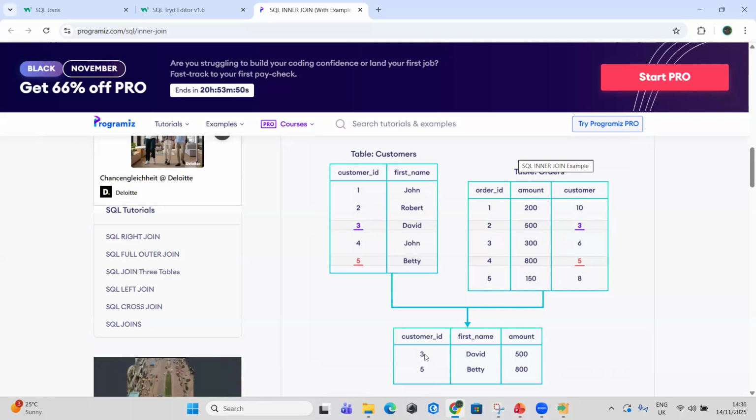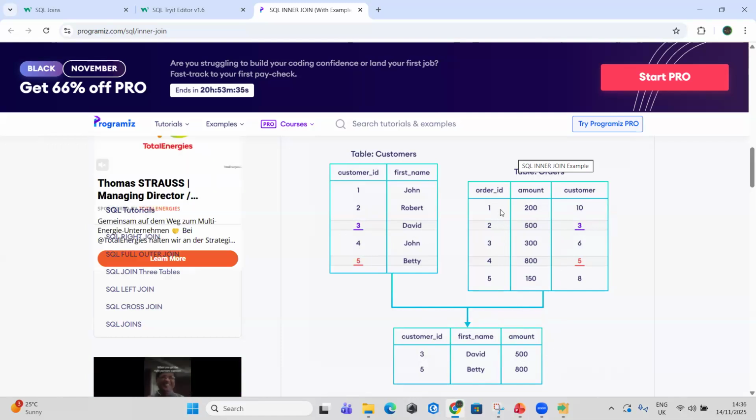So we brought 3 here, took David here, and then for 3 also took the amount here. I can also take order ID here, but I did not want order ID, so I did not write it in my expression. But you can also get order ID 2 and 4 here. Now you understand what inner join means, right? Yes. So it's kind of combining on the basis of a common column.